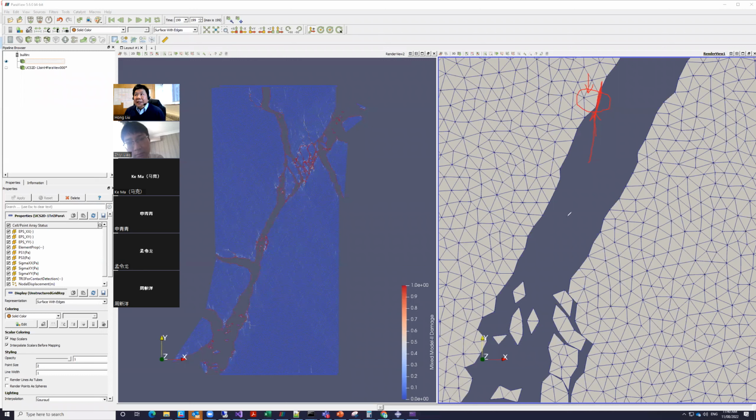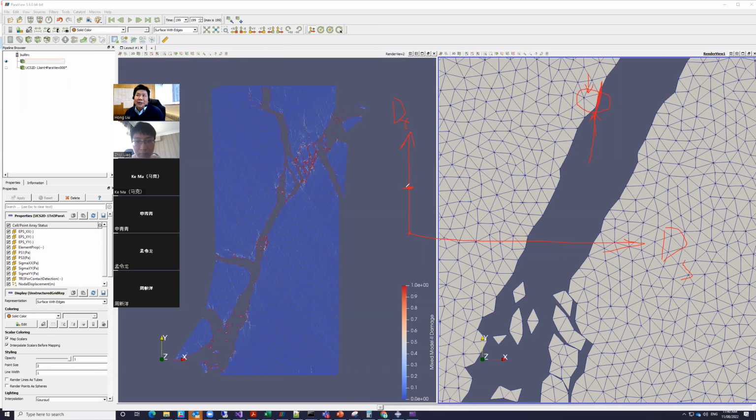In our case, this is the definition of the problem. The damage at this moment is defined like this: here we have the tension damage, and here the shear damage.